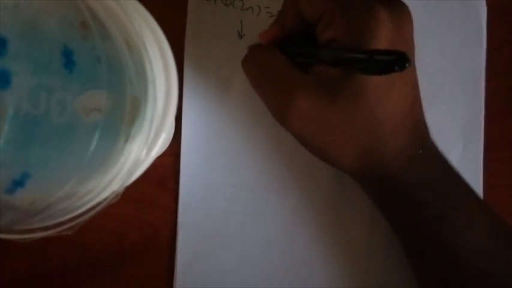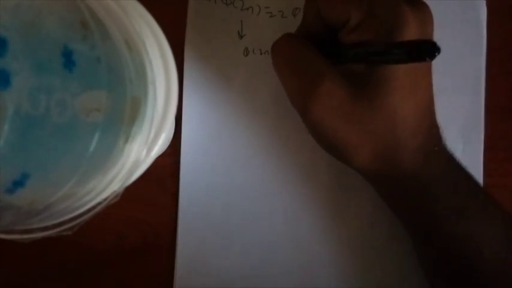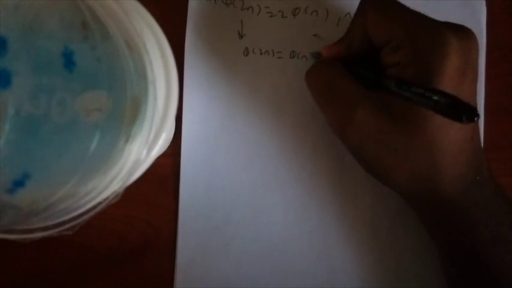So if we look at the next part, it's a little bit similar. Part b asks that phi of 2n equals 2 times phi of n, given that n is even. So this is a bit similar to part A. So let's review what we did in part A. In part A, we did phi of 2n equals phi of n times phi of 2.